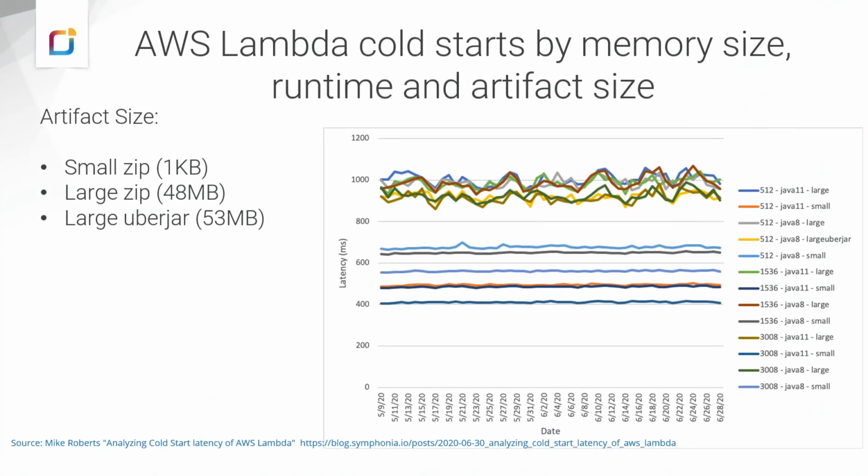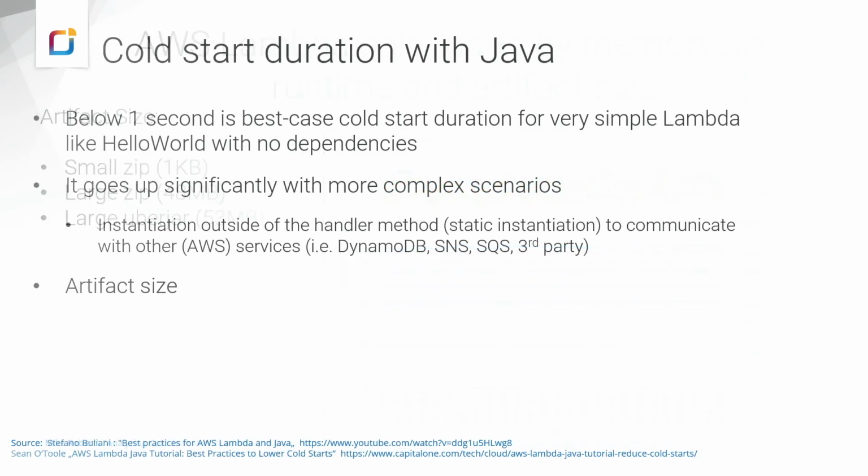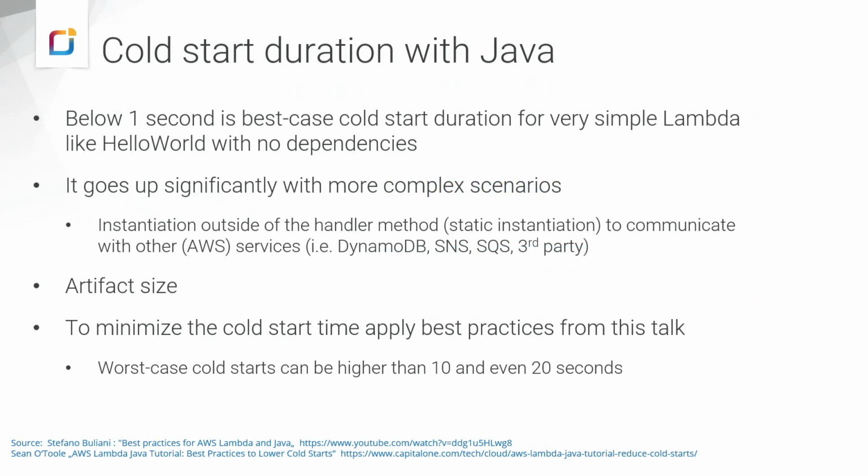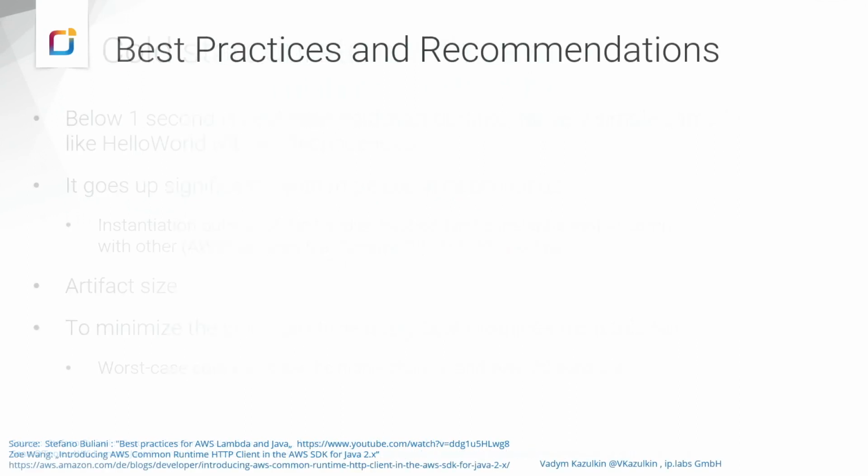But if your artifact size with all dependencies increases, either with a large zip or large jar, it doesn't matter, then the cold start also increases, because you have more initialization work and all that stuff needs to be done. We will also see how to apply best practices to decrease that, because something between 10 and 20 seconds is not okay.